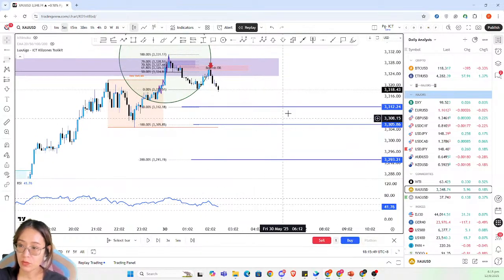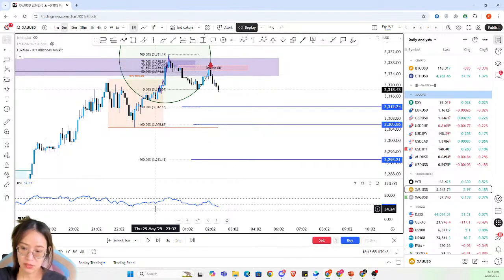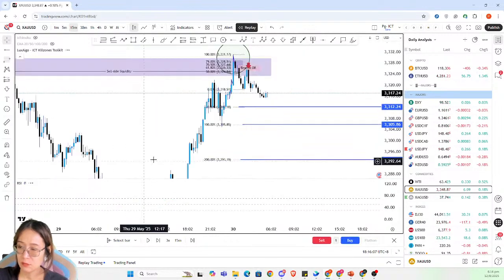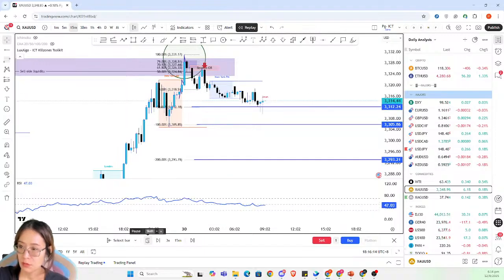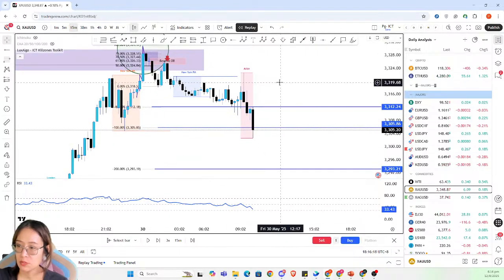Okay, so now we already get in at what, where is that? 3325. Let's just say 3325, price falling. And this is already New York section. This is M5, OB again. I'll go to M15. Okay, here TP1, TP2 here.